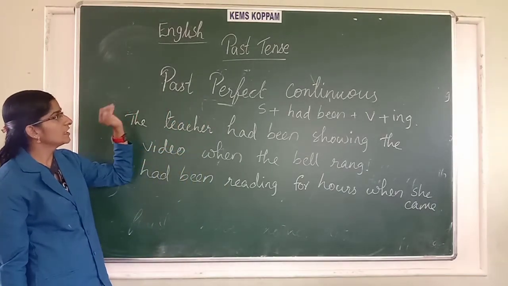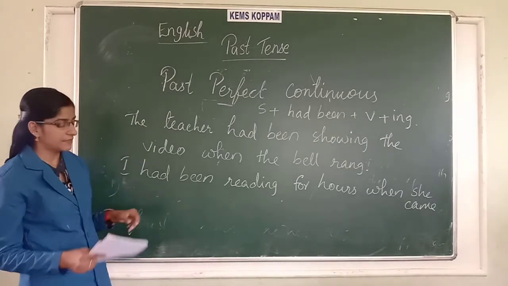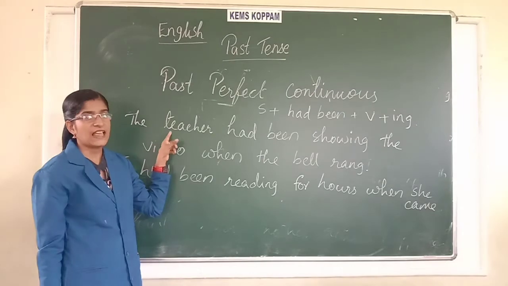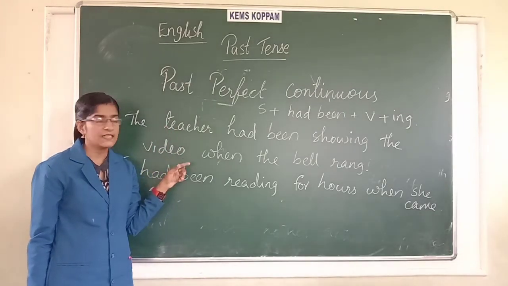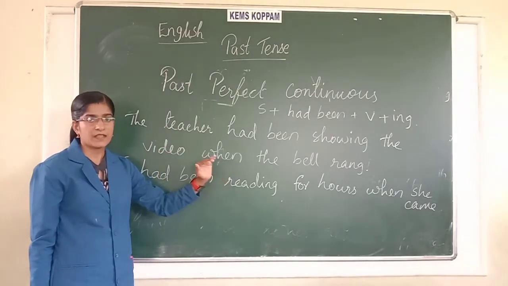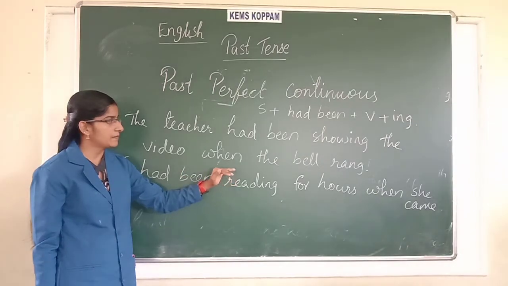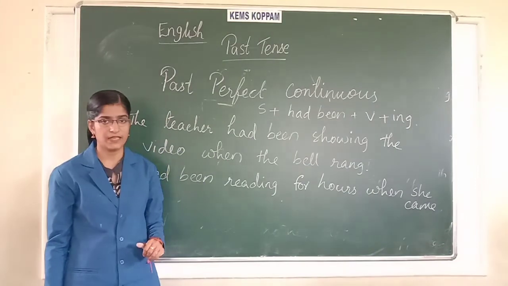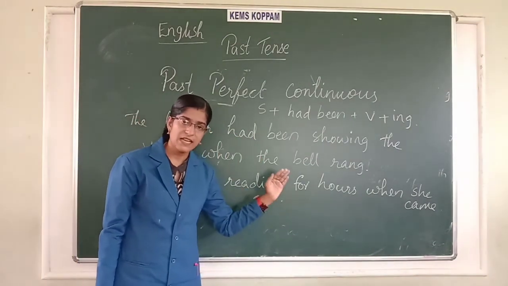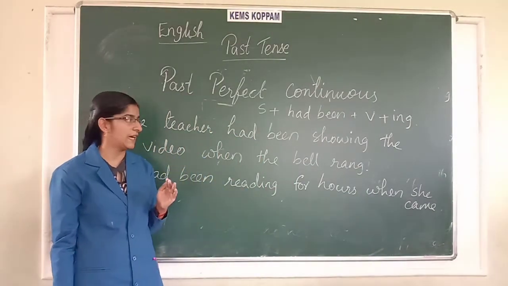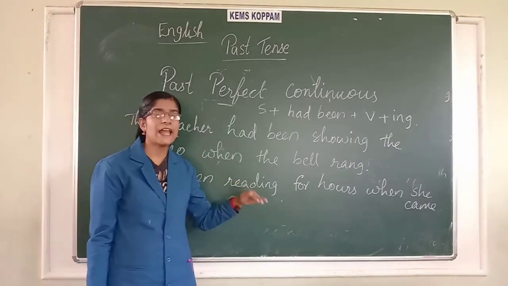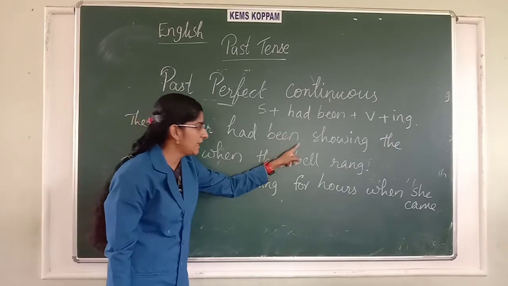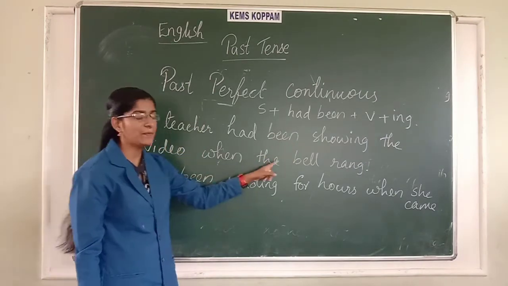We use past perfect continuous to tell an action that began in the past, continued for a long time up to another action that happened. It began in the past, continued for some time up to another action in the past. For example, the teacher had been showing the video when the bell rang.